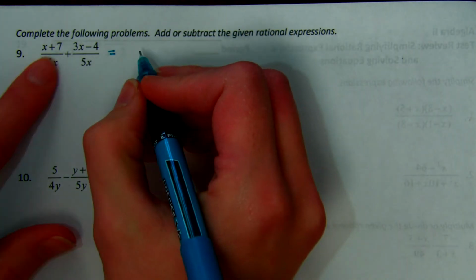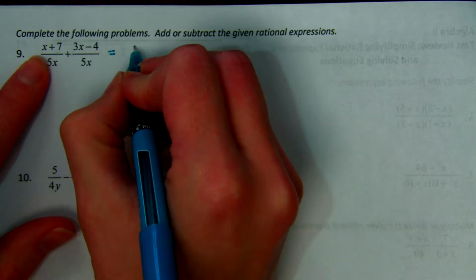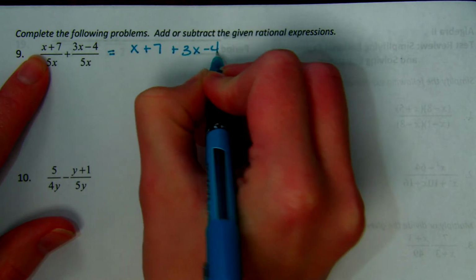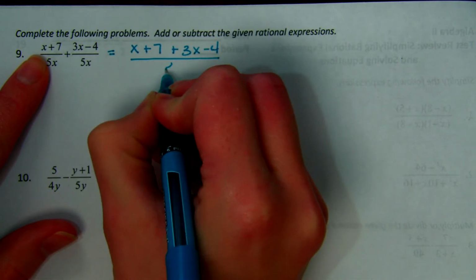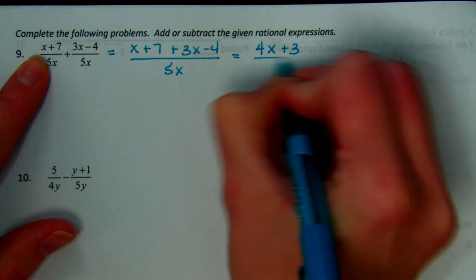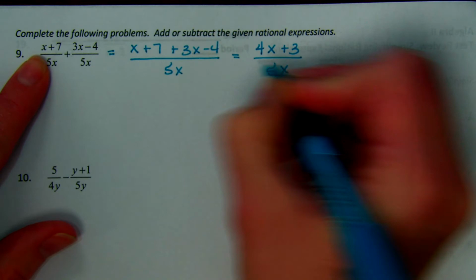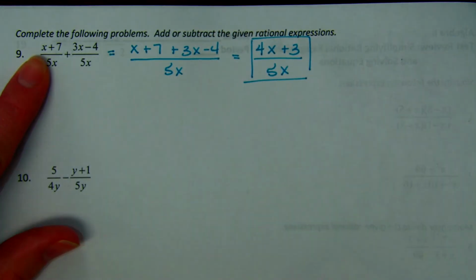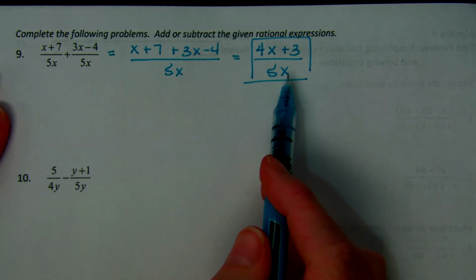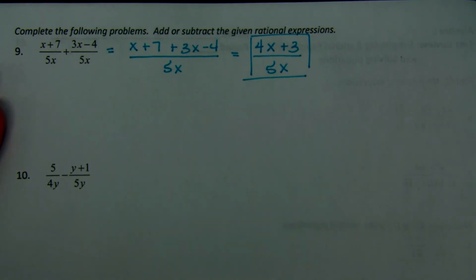We don't have to change anything, and what you do is you just add the tops together. So this becomes x plus 7 plus 3x minus 4 over 5x, which is 4x plus 3 over 5x. And that's your answer. Just put together common factors. And if you can simplify, you should, but we can't simplify there, so we're good.